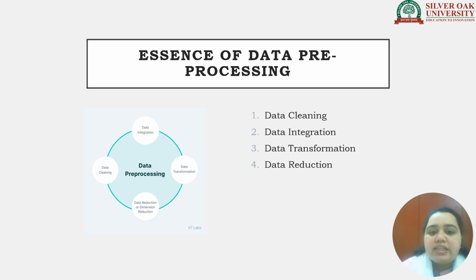That's where data pre-processing helps in harmonizing this separate data into a uniform and analyzable framework. Let's explore the pivotal tasks within data pre-processing, which are data cleaning, data integration, data transformation, and data reduction.